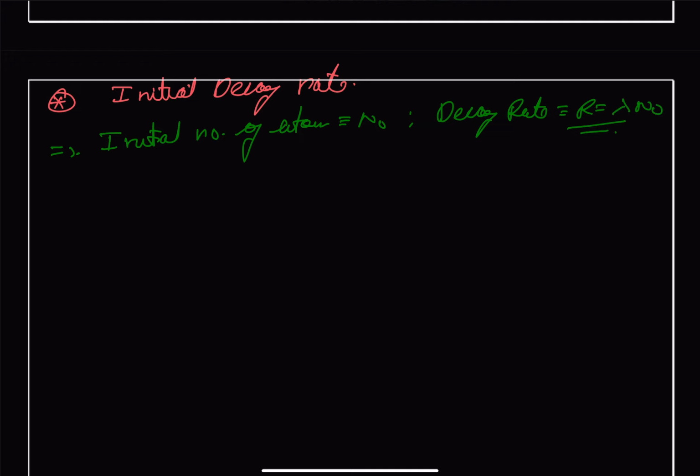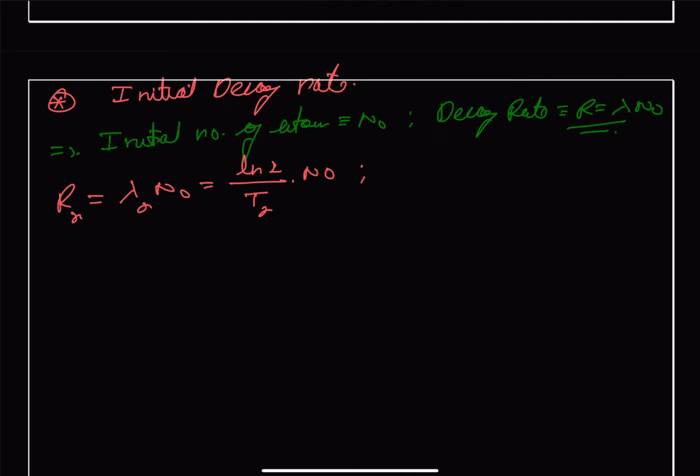We have two elements, so similarly the decay rate for x will be equal to lambda x times N naught, and lambda x is natural log of 2 divided by Tx, multiplied by N naught.